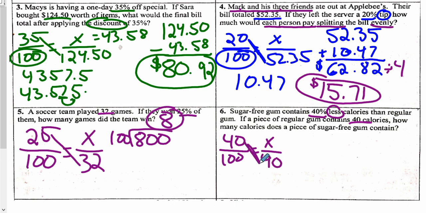So we're going to cross multiply, and that gives us 1600, divided by 100 is 16. So it's going to be 16 fewer calories. So we have 40 for the regular gum, minus the 16, and that gives the answer of 24 calories.